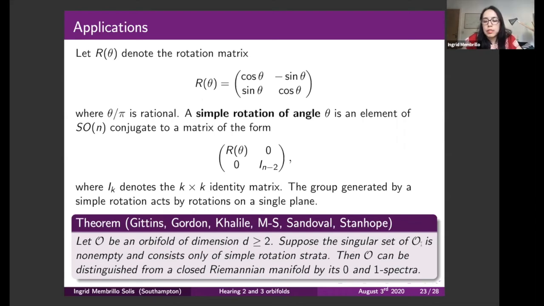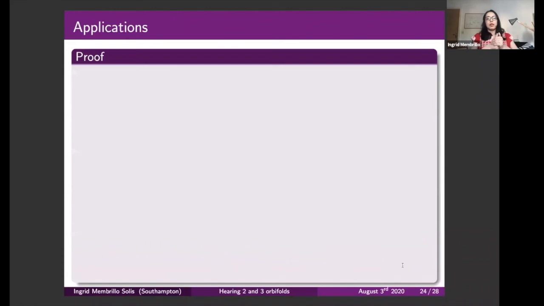Suppose that the singular set of the orbifold is non-empty and consists only of simple rotation strata. Then the orbifold can be distinguished from a closed Riemannian manifold by its 0 and 1 spectra. And now I'm going to sketch the proof of this theorem.